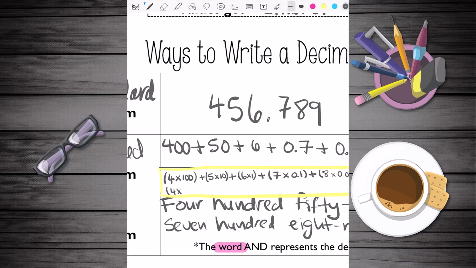And then there's one additional way to write expanded form. It starts off the same, 4 times 100, plus 5 times 10, plus 6 times 1. And now it's going to be a little different.